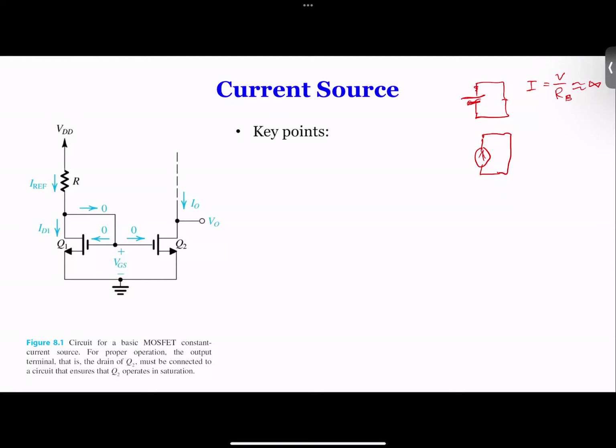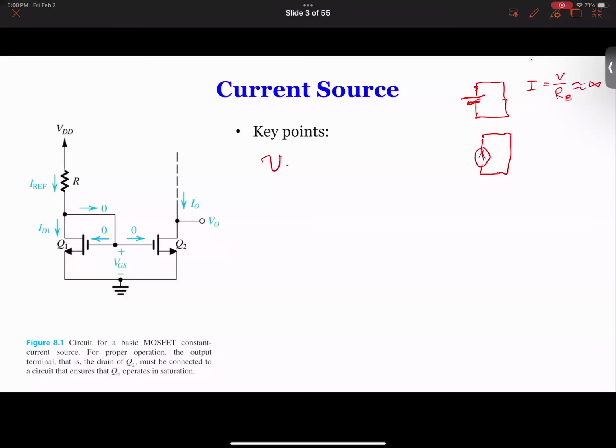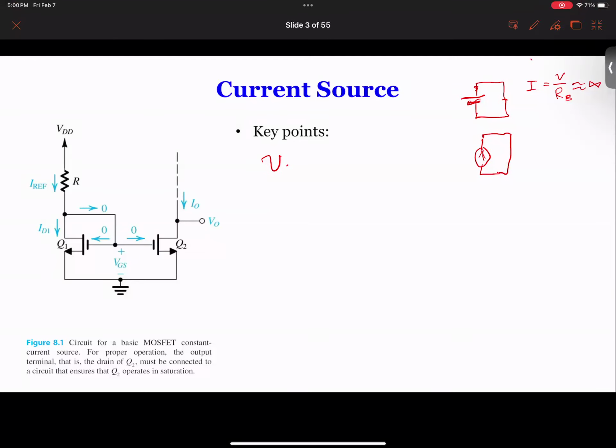So we will have, using capital letters now because this is for DC biasing, VGS1 equal to VGS2, because they share the gate and they share the source.